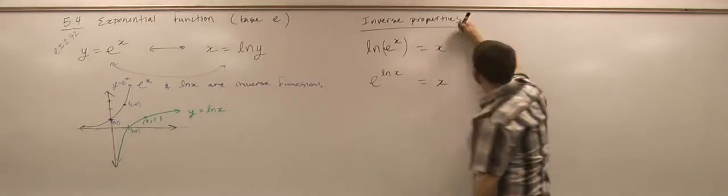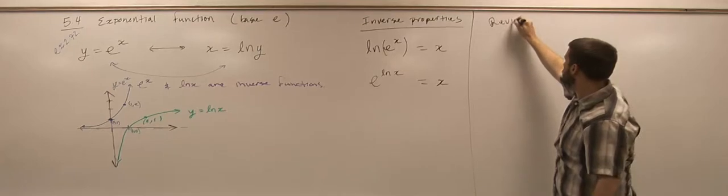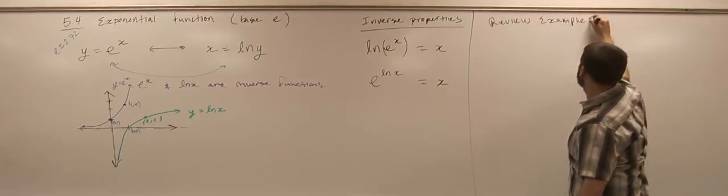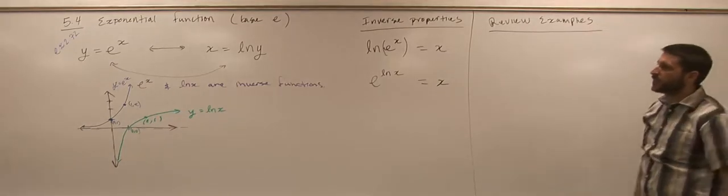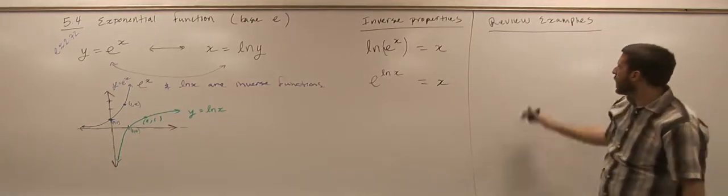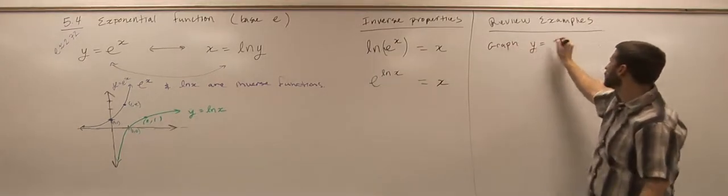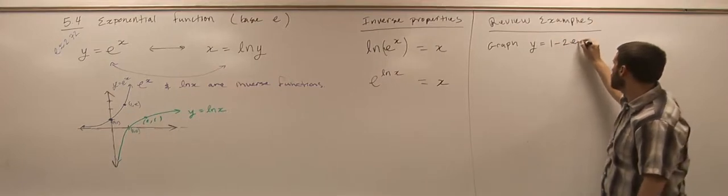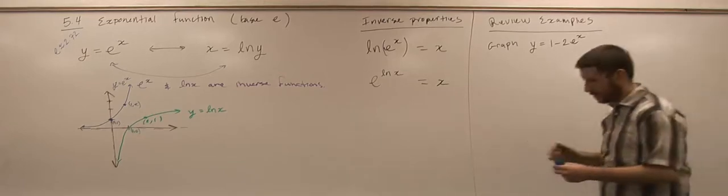All right. So let me do some review examples. You should be able to graph a quick sketch of any e function. So if I want you to graph y equals 1 minus 2e to the x, what would you do?